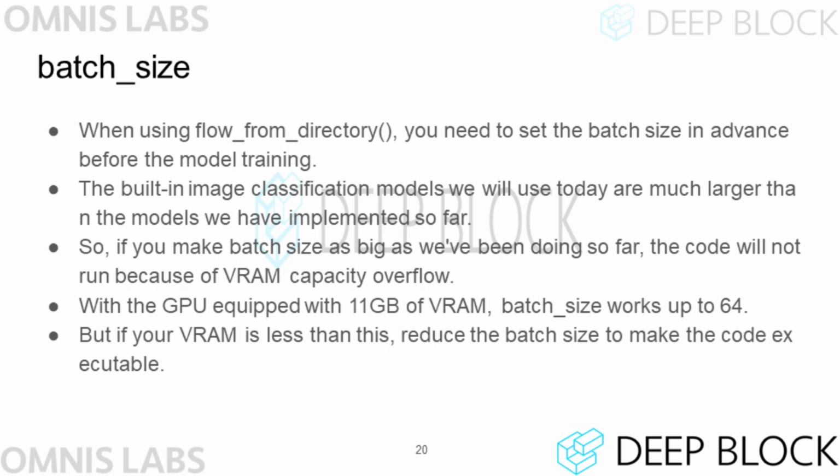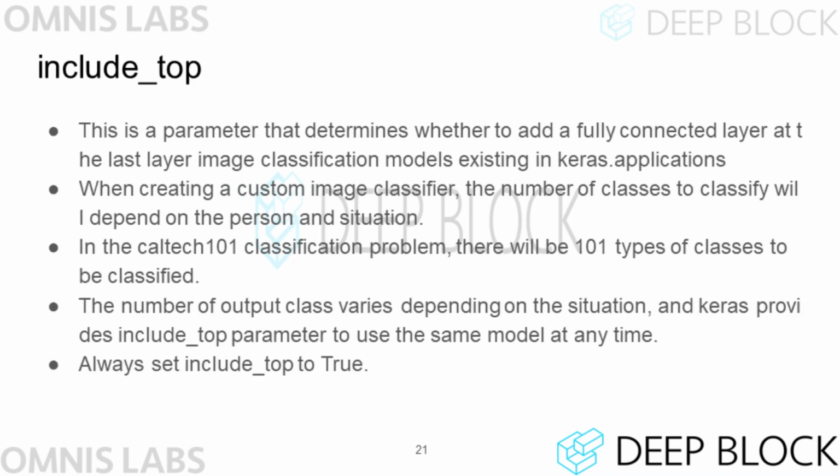Based on a GPU device with 11 GB of VRAM, batch size can be set to 64. But if your GPU device has less VRAM, please set a smaller batch size. In line 9, the flow from directory method returns a generator. Finally, we made a generator that loads image data from a directory.